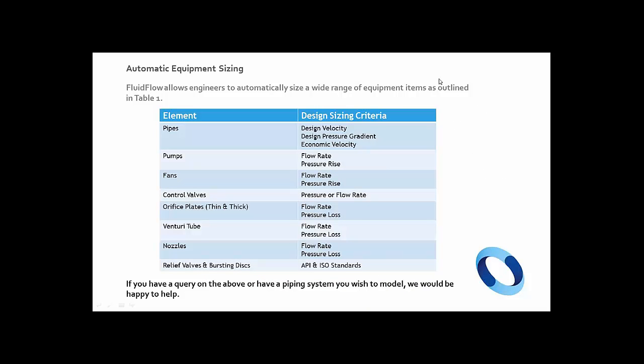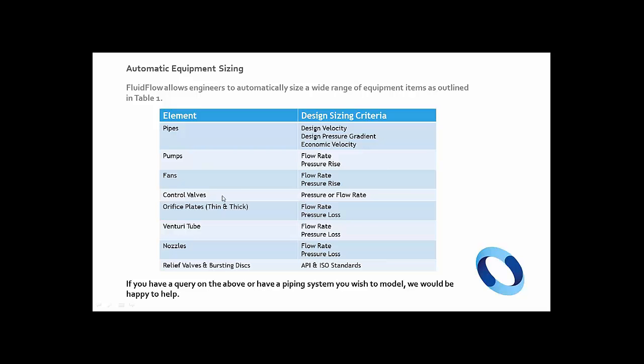So today's webinar session is focused around automatic equipment sizing and sizing of relief valves in particular, but let's just look for a moment to see what other elements we can automatically size within FluidFlow. So you can see we can size pipes based on either a design velocity, a design pressure gradient, or an economic velocity, which is calculated automatically by the software. You can size your pumps and fans by design flow rate or design pressure rise.